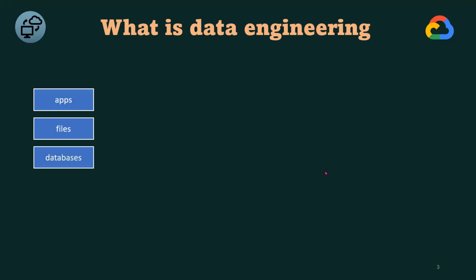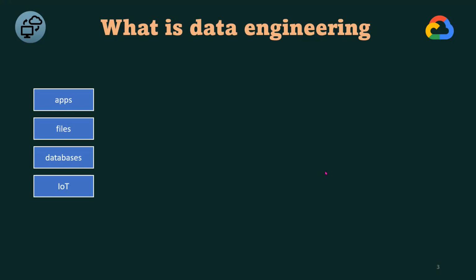You may be getting data from some databases, and from some IoT devices like sensor devices. So these are the possible data sources. Your data may reside in these applications, file formats, databases, or IoT devices.